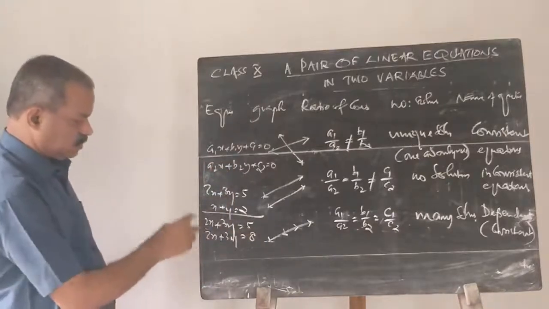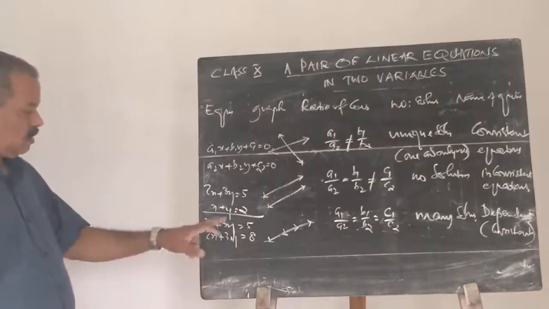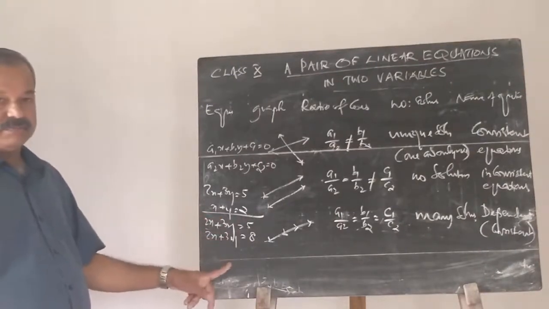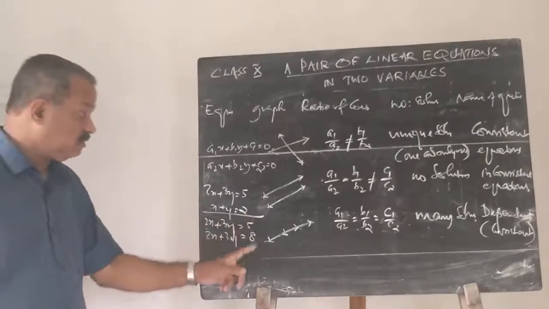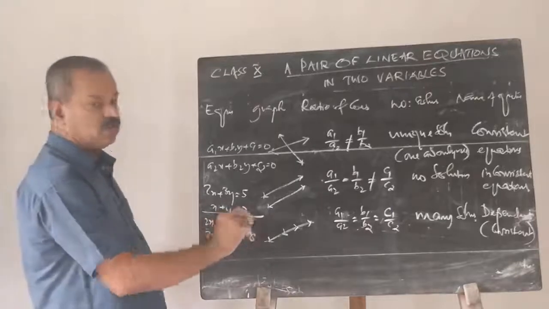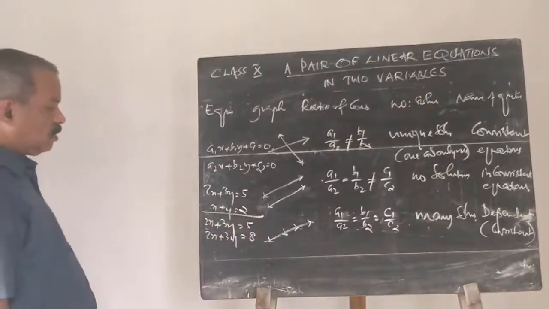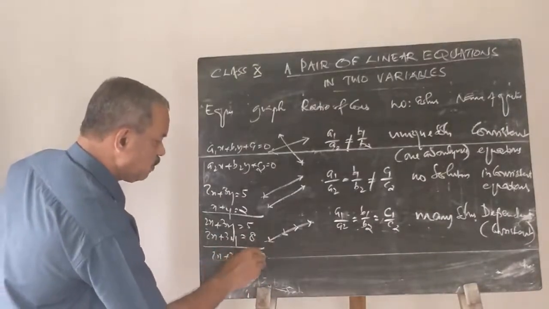Here coefficients of x and coefficients of y are same, 2 by 2, 3 by 3. They are equal, a1 by a2, b1 by b2. But c1 by c2, the only difference is constant terms. Constant terms are different.